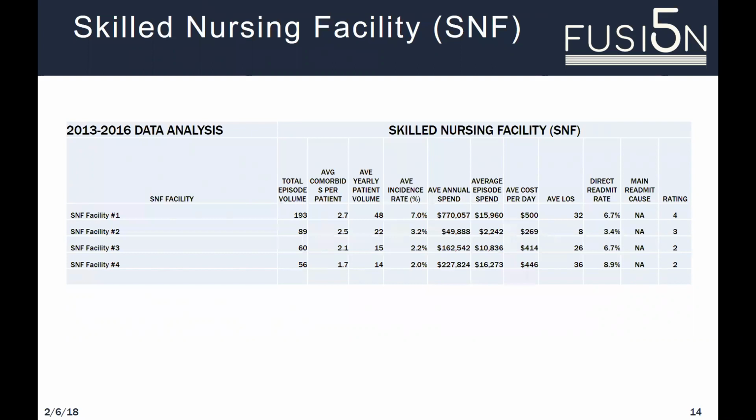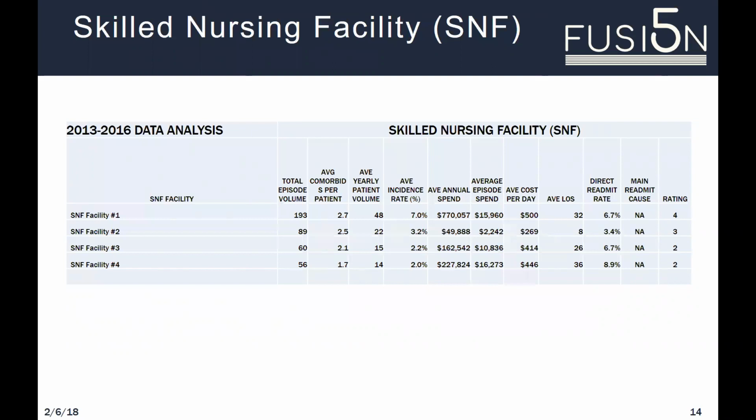Looking at this report, it's interesting if you look at average length of stay that skilled nursing facility number 2 was much less than all of the other facilities. So is there a reason that we're using those higher length of stay facilities comparatively? You've got a much higher cost per day in the other 3 compared to skilled nursing facility number 2. So what is number 2 doing that is right?